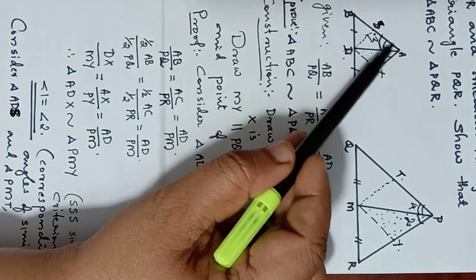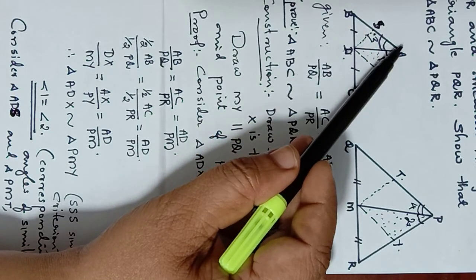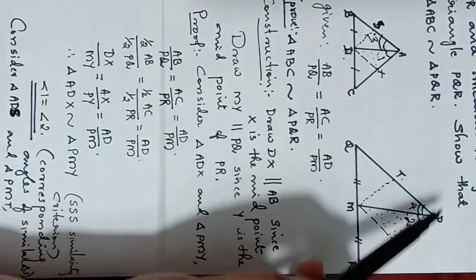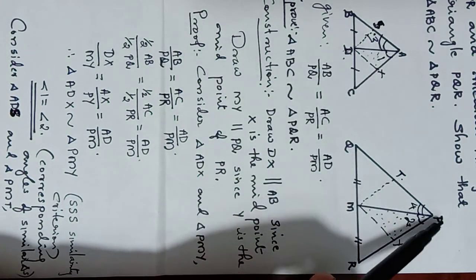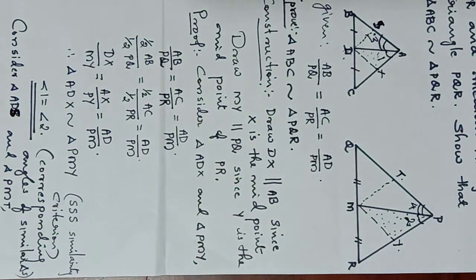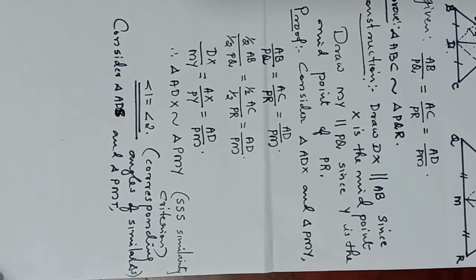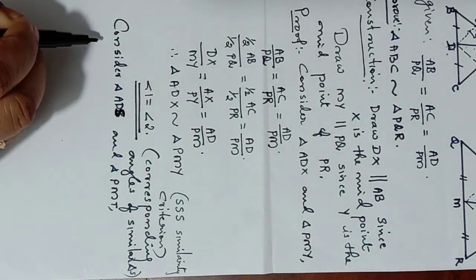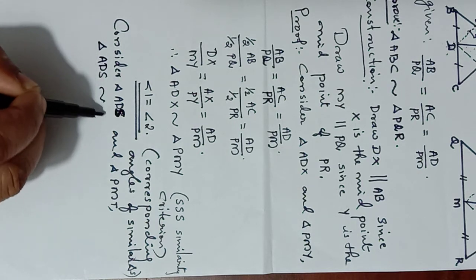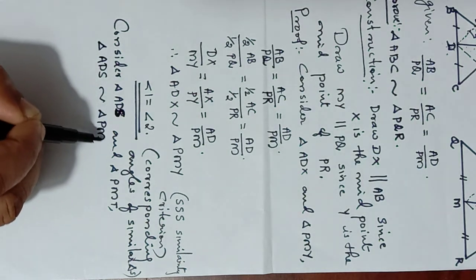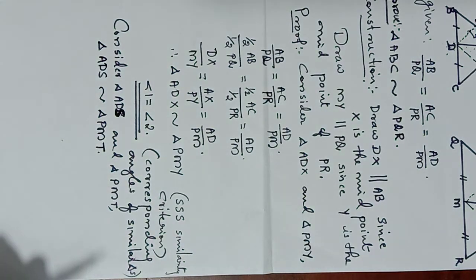AS is half of AB, PT is half of PQ. Okay. So all those steps not necessary. You might have understood. Here you have to write triangle ADS similar to triangle PMT.